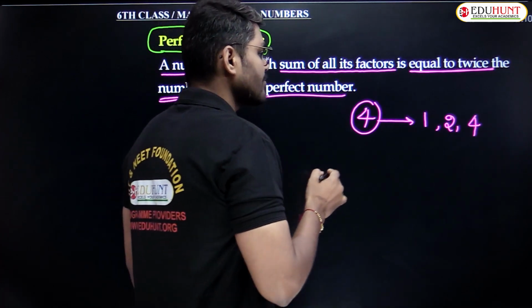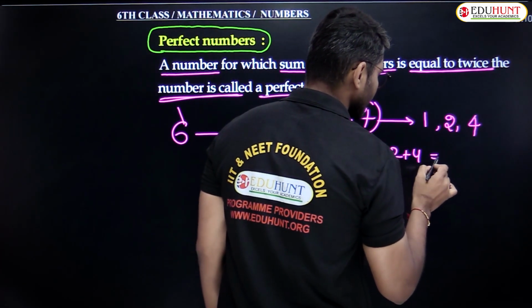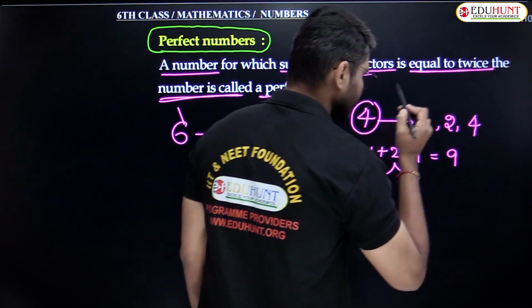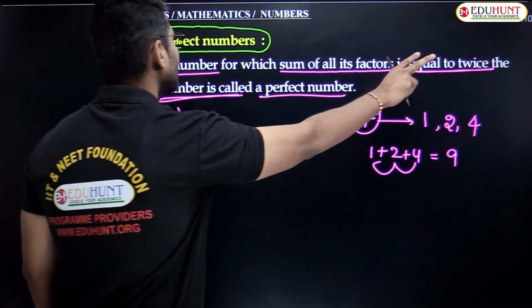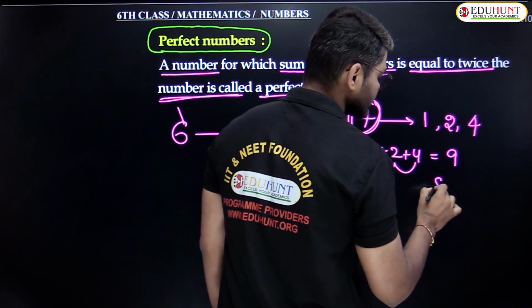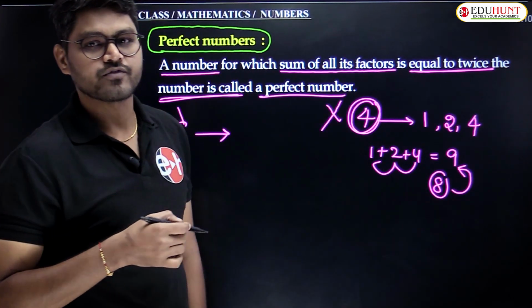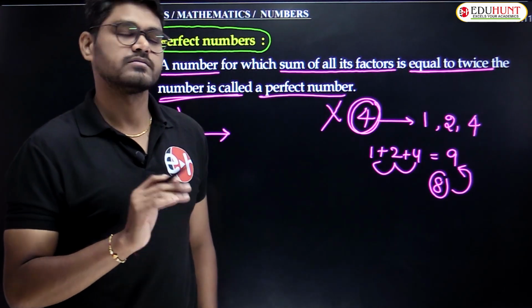The sum of all factors, 1 plus 2 plus 4, is equal to 7. Twice the number means 8. But 7 is not equal to 8. Therefore, 4 is not a perfect number. Did you understand now?